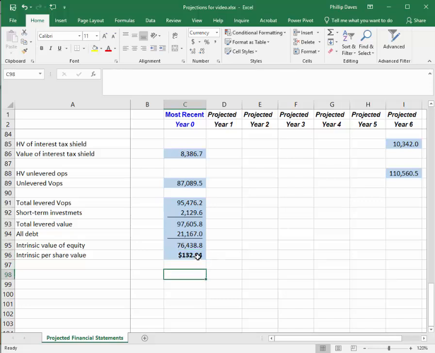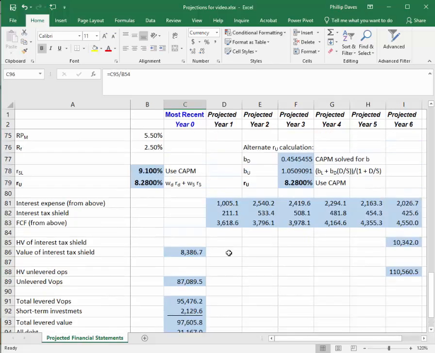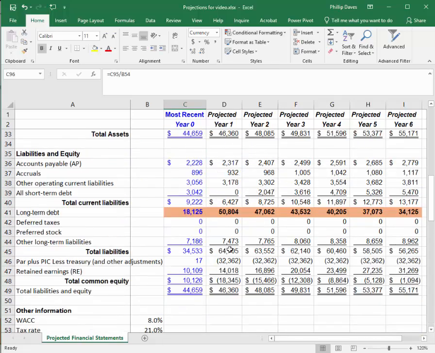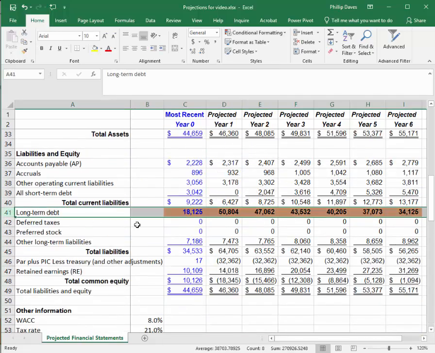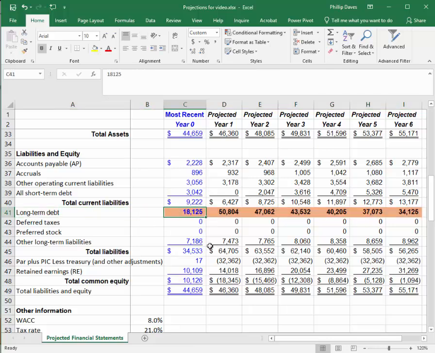The APV model is the one that is appropriate in this case because, and let's go ahead and look at the debt here and see what's going on, this firm is moving from $18 billion of debt, roughly 20% of its value, up to $50 billion in debt, which is, I forget, 40 or 50% of its value. I forget what percentage it is that I put into the calculations, but it's more than doubled its debt.